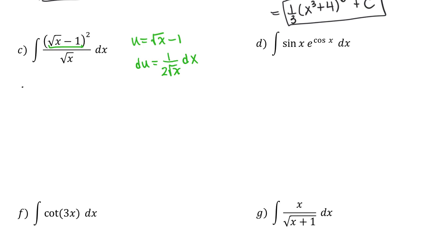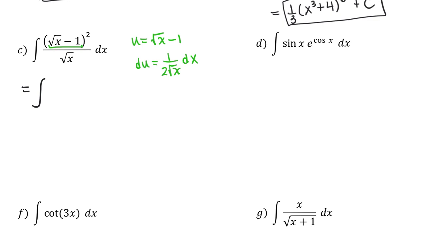Okay, now I'm going to look back at my original expression and see if we can make a substitution. Okay, so I can see this is going to be u squared. That's okay. Let's see, what do I have over here? I have 1 over 2 root x dx. So I see the root x and I see the dx. I don't see the 2 there, so I don't want the 2 to be there.